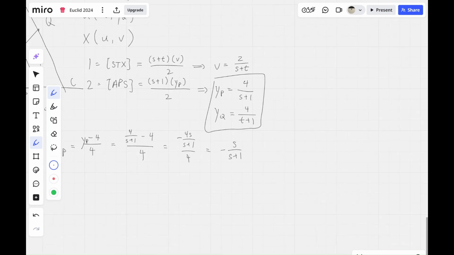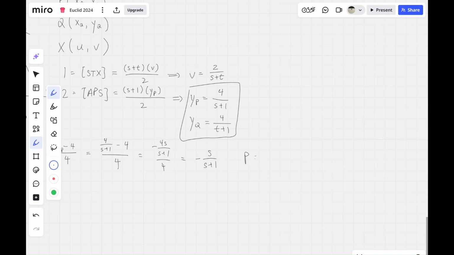Thus, P has coordinates (negative s over s plus 1, 4 over s plus 1).